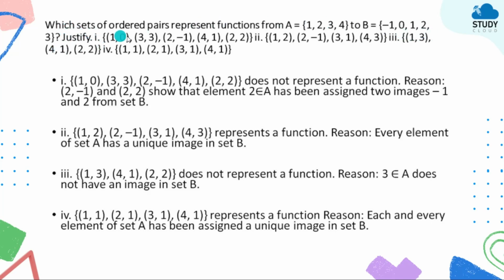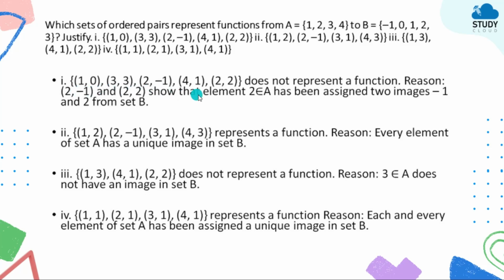Now we have the set of ordered pairs. First is (1, 0), 1 from A and 0 from B, like that. Then (3, 3), (2, -1), (4, 1), (2, 2).